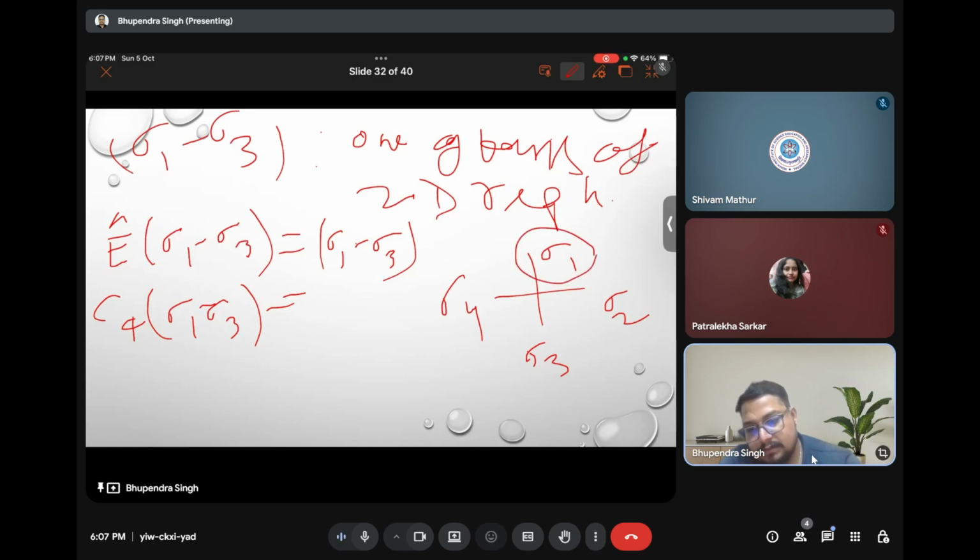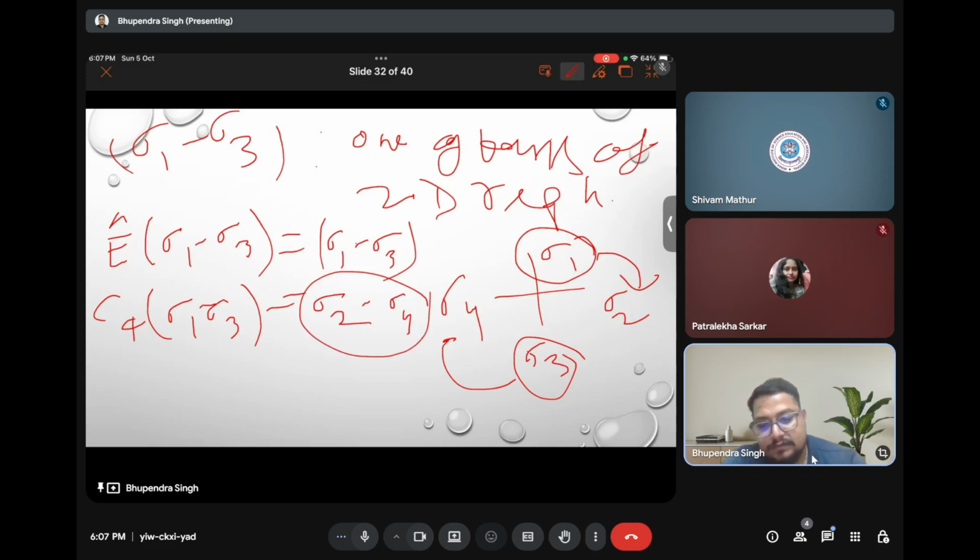So this sigma 1 will go there, will become sigma 2. What happened to the sigma 3? It will go there, minus sigma 4. So this basis will come.